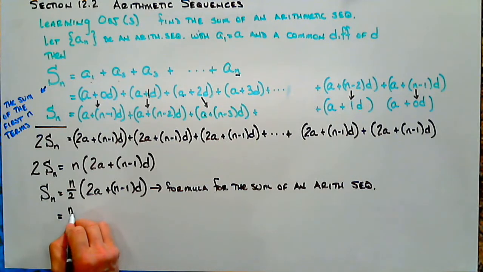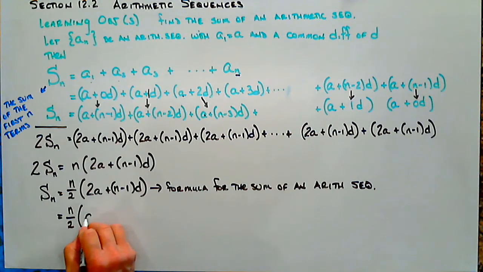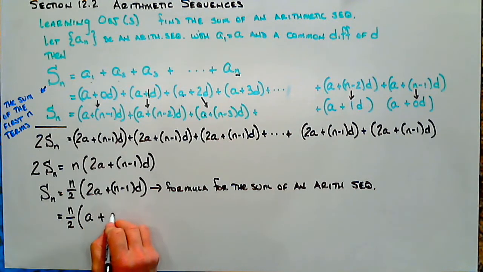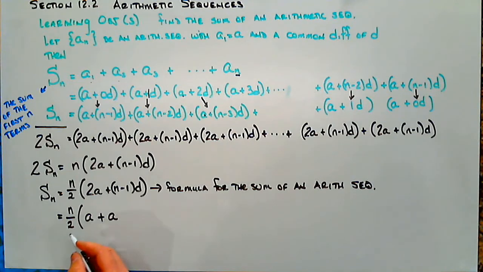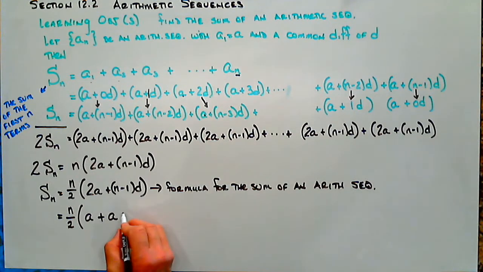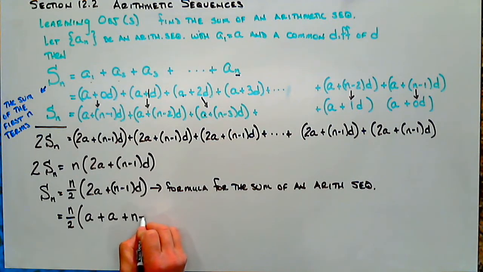Now, let's take a look at what we have here. I'm going to take these 2a's, and I'm going to write this, it's very complicated math, I'm going to write 2a as a plus a. Now, I'm going to ask you to look back in your notes, or look right here on the whiteboard.